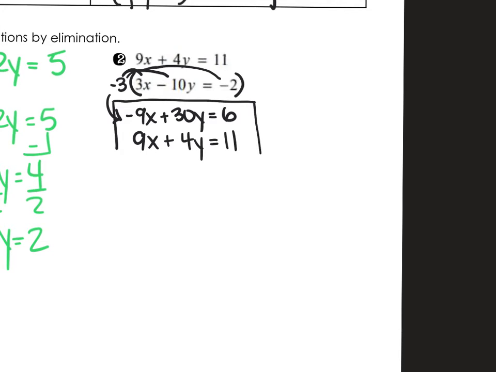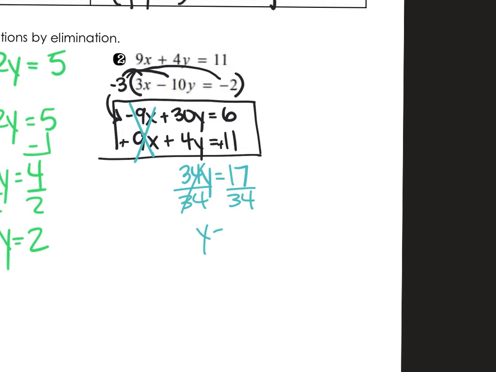Now we do have a set of opposites. Negative 9 and 9, so that means I can add this whole bottom row. Negative 9 plus 9 cancels out. 30y plus 4y is 34y. 6 plus 11 is 17. Divide by 34. Okay, please be careful here because 17 divided by 34 is not the same as 34 divided by 17.